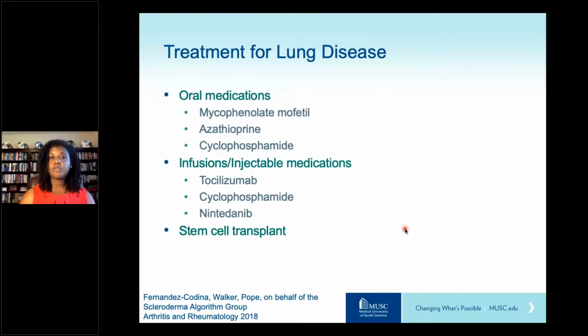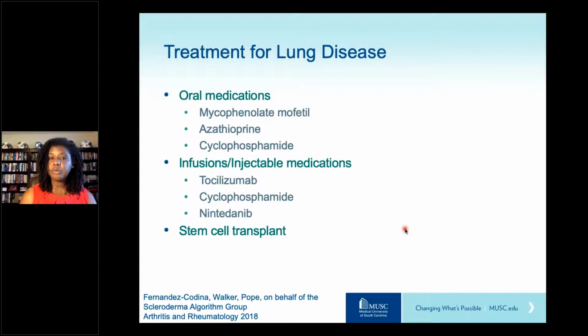There are, again, several medications used to treat lung disease, and some of these medications may be familiar because some of them are the same medications that we use to also treat skin disease, including mycophenolate mofetil. Azathioprine has been used to treat lung disease, as well as cyclophosphamide.